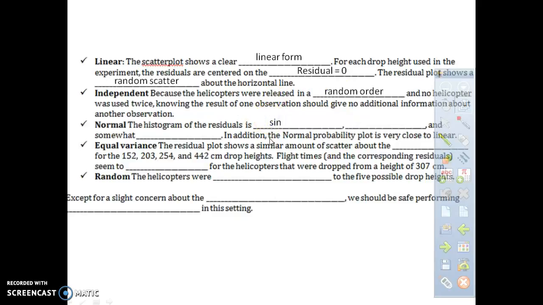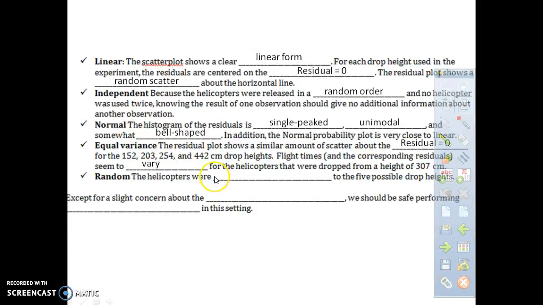Normality, the histogram of the residuals is single peaked, it is unimodal, and somewhat bell-shaped. In addition, the normal probability plot is very close to linear, so we're good with the normal condition. Equal variance. So the residual plot shows a similar amount of scatter above the line residual equals 0.